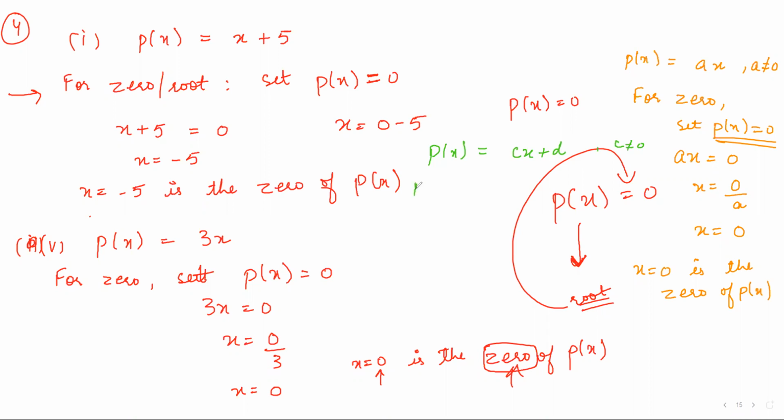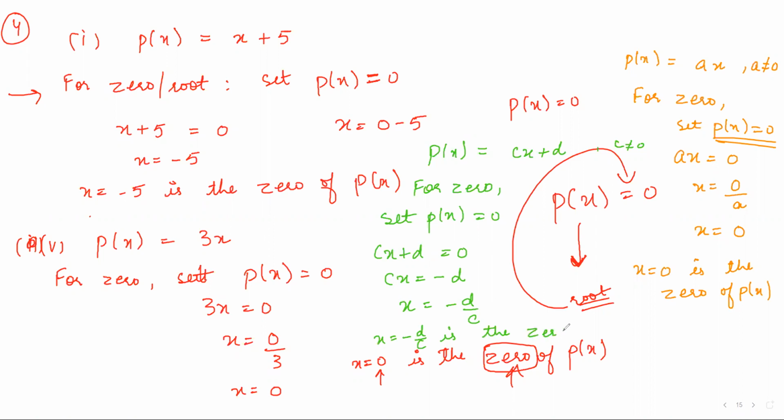Anyway, now for 0, set P(x) is equal to 0. So you set cx plus d is equal to 0. So cx is equal to minus d, d will go to the other side. And c will come in the denominator, so it will be minus d by c. So x is equal to minus d by c is the 0 of P(x).